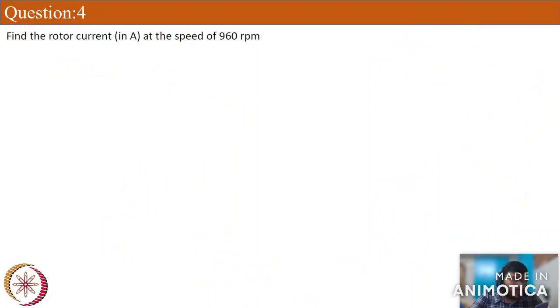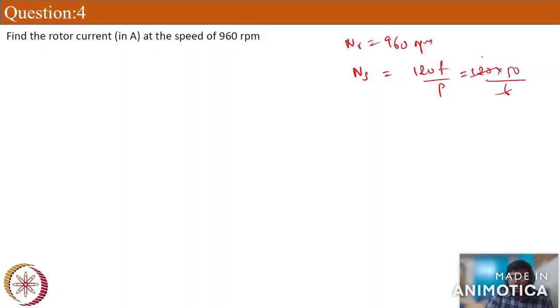The next question is, find the rotor current at a speed of 960. So here they are saying that my rotor is not standstill anymore. It is rotating with a speed of 960 rpm. Now let's calculate ns. Ns is equal to 120 f by p, 120 into 50 by 6, it is 1000 rpm.